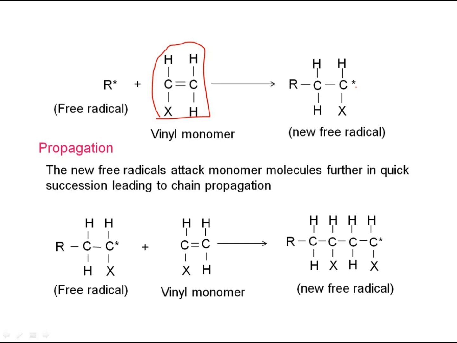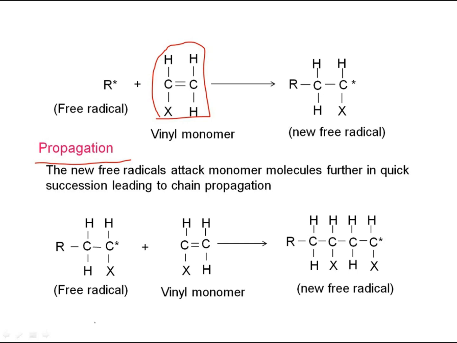This free radical is involved in the chain growth or chain elongation reaction, which we call the propagation step. Here these new free radicals attack fresh monomer molecules, and that forms another new free radical, and further in quick succession this leads to chain propagation.